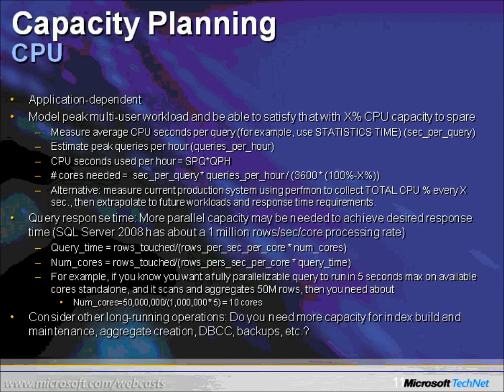You can measure the average CPU seconds per query and estimate the peak number of queries per hour, and from that the CPU seconds you need per hour. Then you can figure out how many cores you need to satisfy that at a certain percentage of CPU utilization using formulas like I've shown here on the slide.